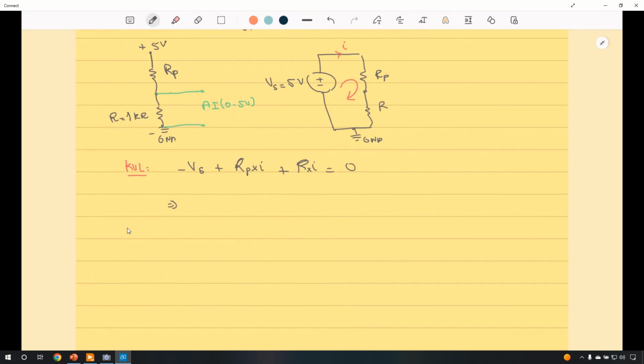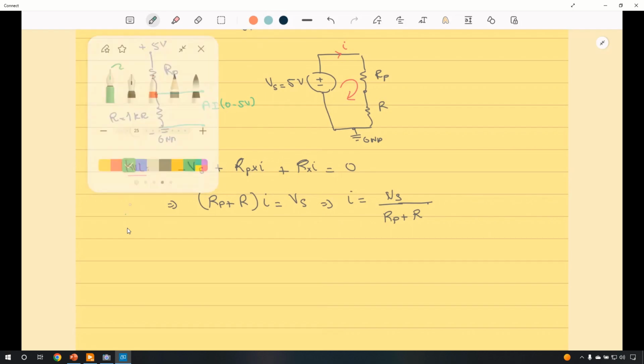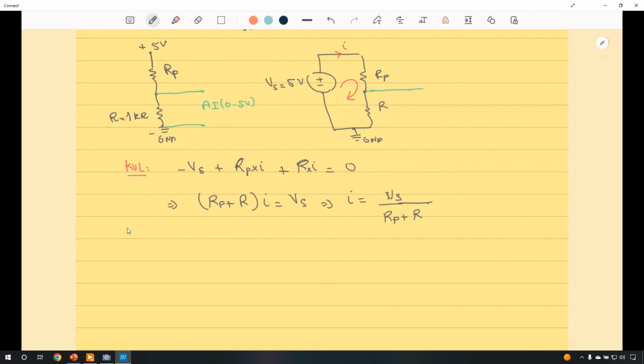Now we know that we have Rp plus R times the current I is equal to Vs. This means that the current I is equal to Vs over Rp plus R.